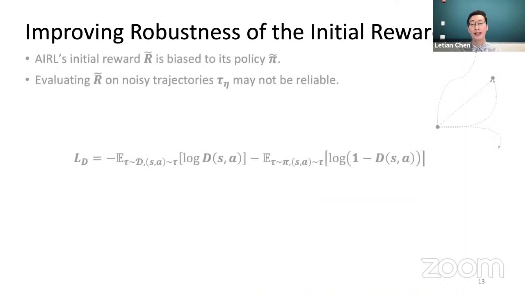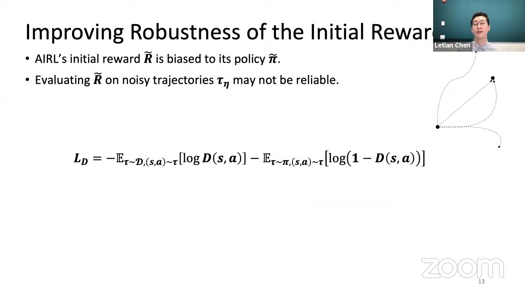Since ARL's initial reward R is biased to evaluate its policy, evaluating R on noisy trajectories may not be reliable because of covariate shift.